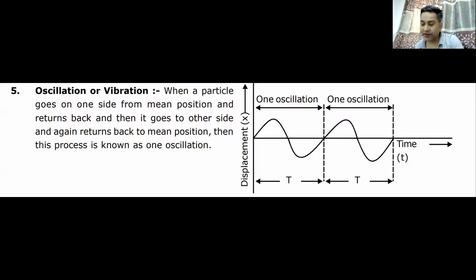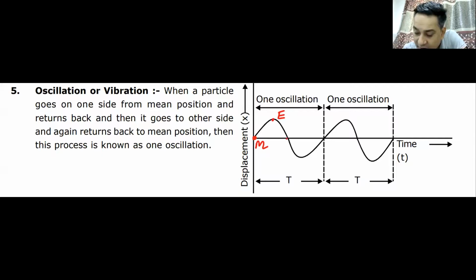Okay then. Now we try to understand the meaning of one oscillation or one revolution or one vibration. As you can see here, on this point, the particle is on this line. This is the mean position. Then it keeps on going away. It reaches the extreme position on the right hand side. So if I start from here, it will go to the extreme right.